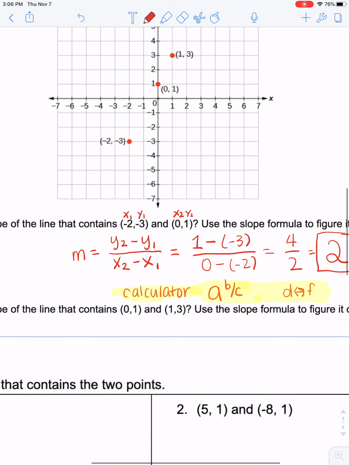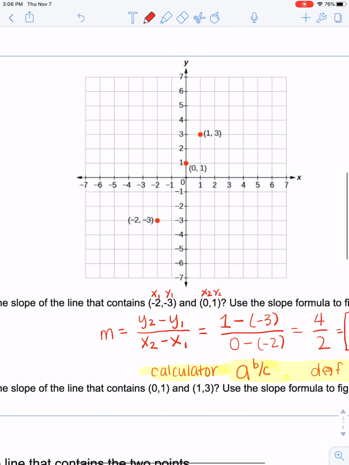Let's check it using our knowledge of rise over run on our graph. We're looking at (-2, -3) and (0, 1). Using the rise over run strategy, we would count 1, 2, 3, 4, which is a +4 because it was going up.